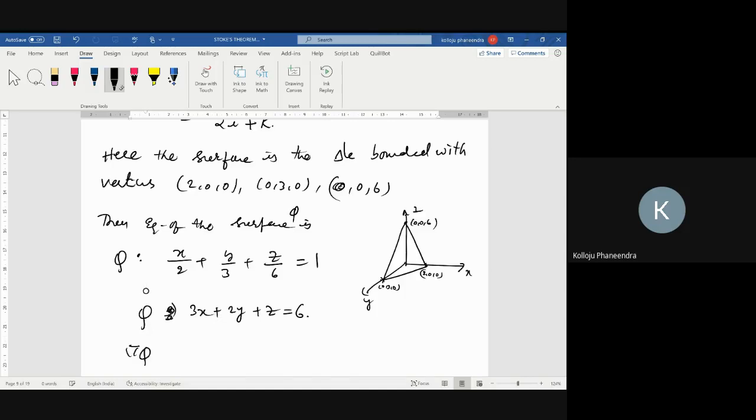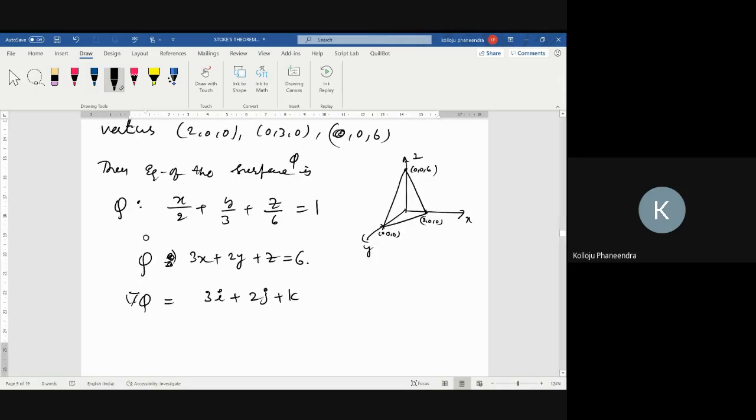Therefore, what is del phi? Del phi is i dou by dou x, j dou by dou y, so 3i plus 2j plus k. Why am I calculating this phi? To find the unit normal vector, n bar equal to del phi by mod del phi. So this is 3i plus 2j plus k by root of 9 plus 4 plus 1, that is root 14.